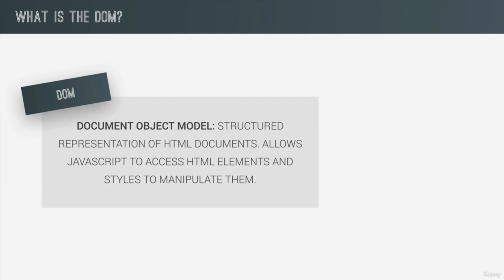So what is the DOM actually? Well, DOM stands for Document Object Model, and it is basically a structured representation of HTML documents. The DOM allows us to use JavaScript to access HTML elements and styles in order to manipulate them.